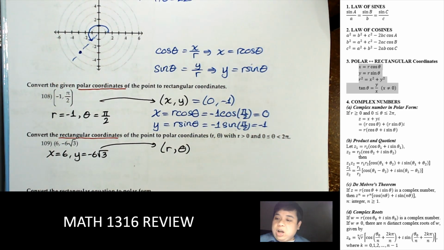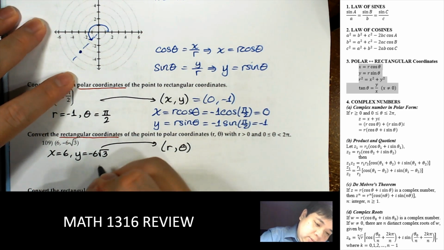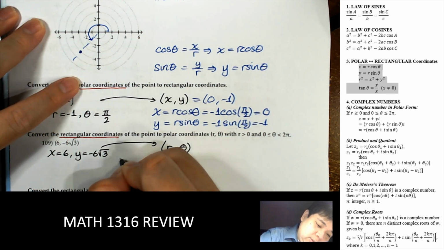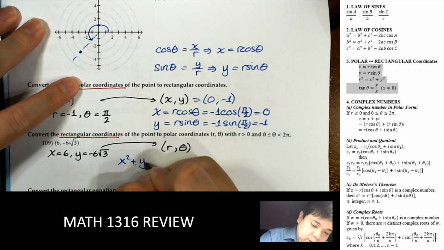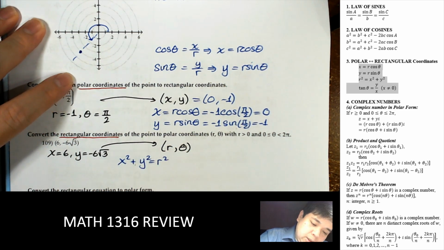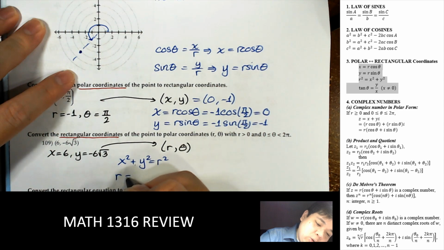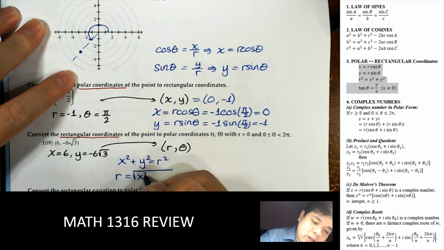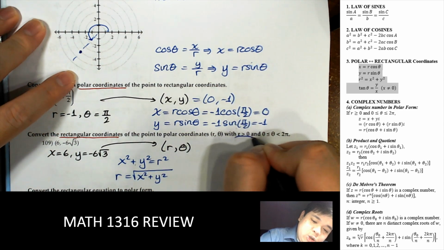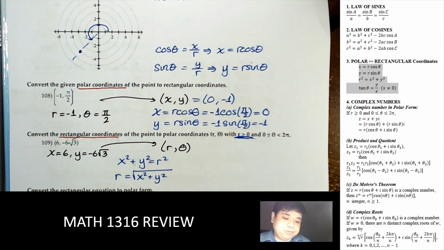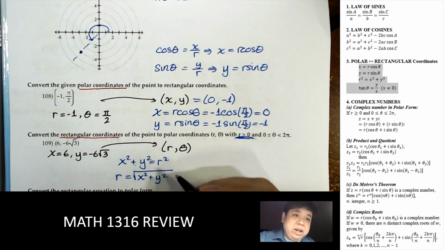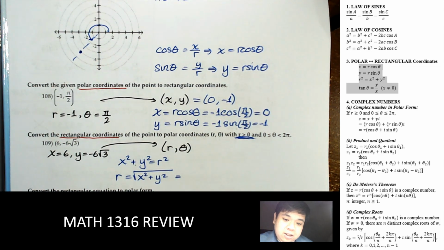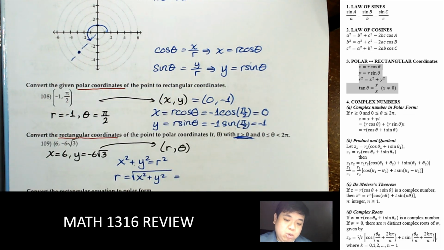We have x squared plus y squared equal to r squared. So we have r equal to the square root of x squared plus y squared. This we assume because r is positive. r could be negative as well. In that case, this will change.